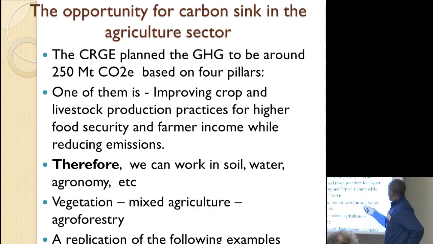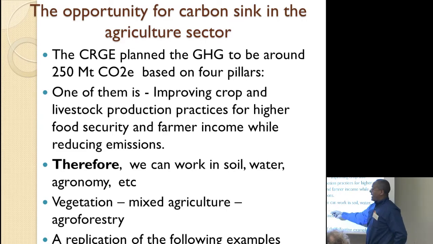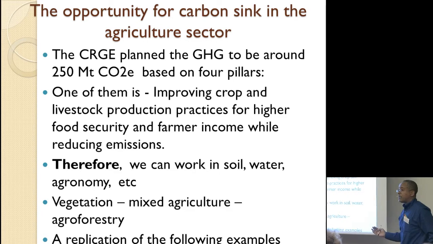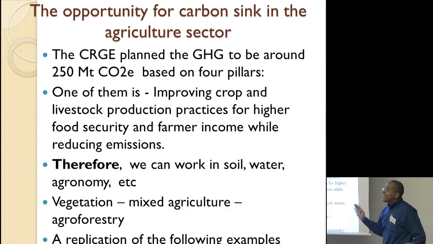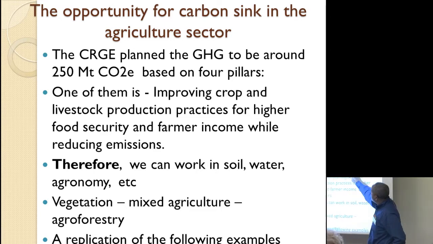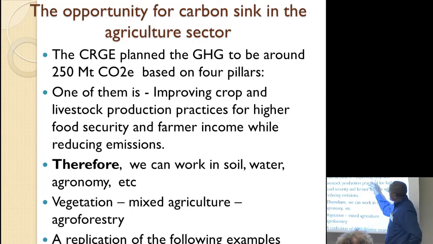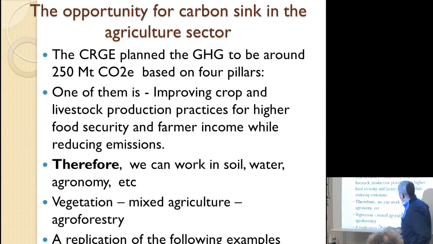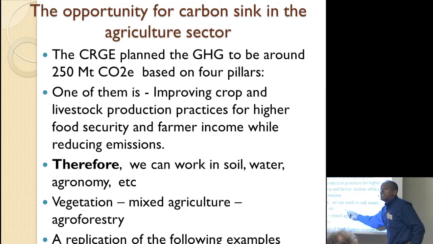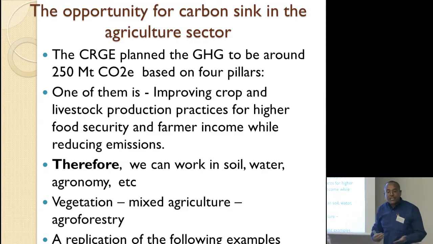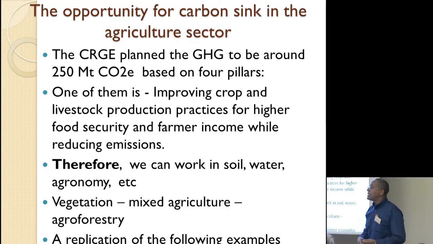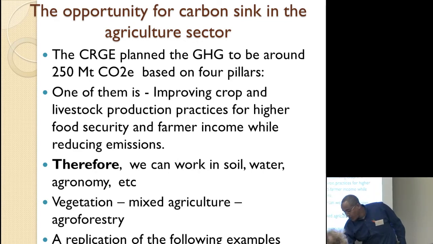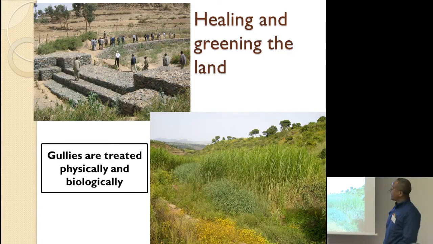We can work in soil, water, agronomy, and so on, as well as vegetation and mixed agriculture, that is agroforestry. That is what is really happening on the ground. And the government's Climate Resilient Green Economy is highly relevant to this, supporting farming practices for low emission.